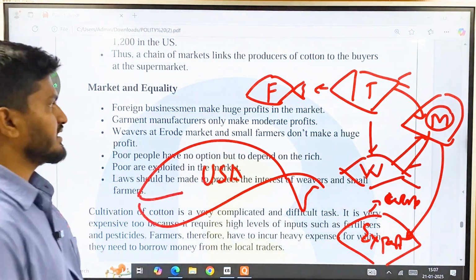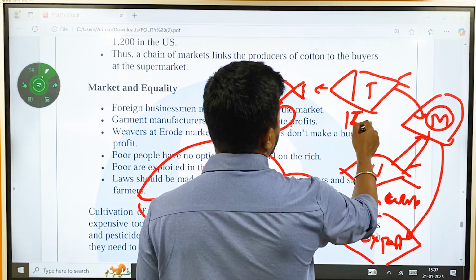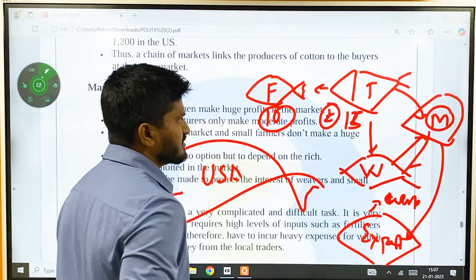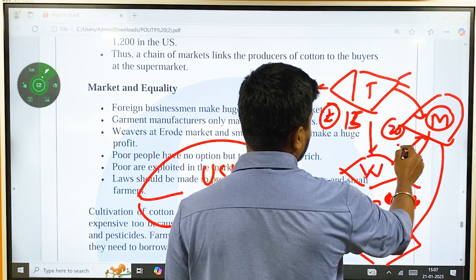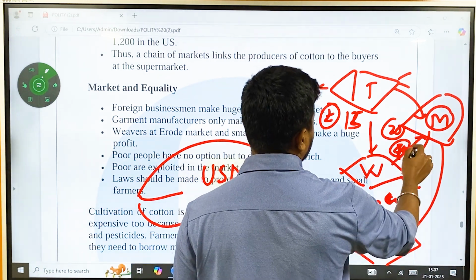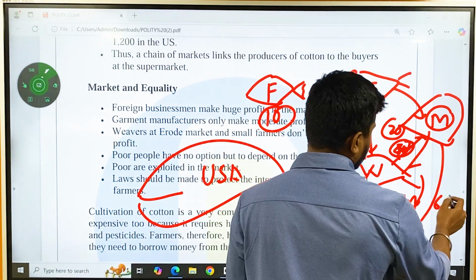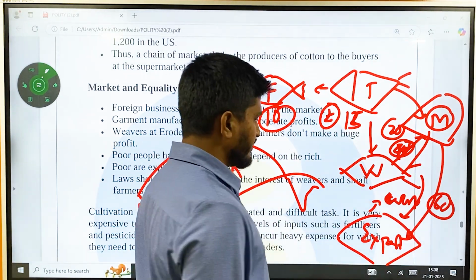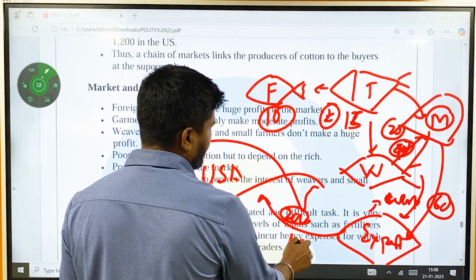So if the farmer is getting rupees 10 here and the trader is getting rupees 15 with a profit of 5 rupees, and then he is selling it at 20 rupees, and the merchant is going to get around 30 or 40 rupees, and if he is selling it to the exporter at 60 rupees, he is getting around 20 rupees, and the exporter is selling at 200 rupees, getting a profit of 140 rupees.